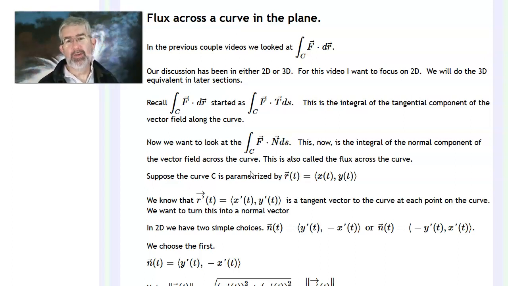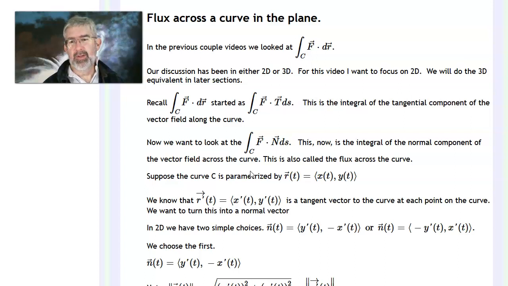So it's the normal part of the vector field. And then we say across the curve as opposed to along the curve. Right? And this is often called the flux. It's the sum of all the normal components of the vector field to the curve times a little bit of arc length.